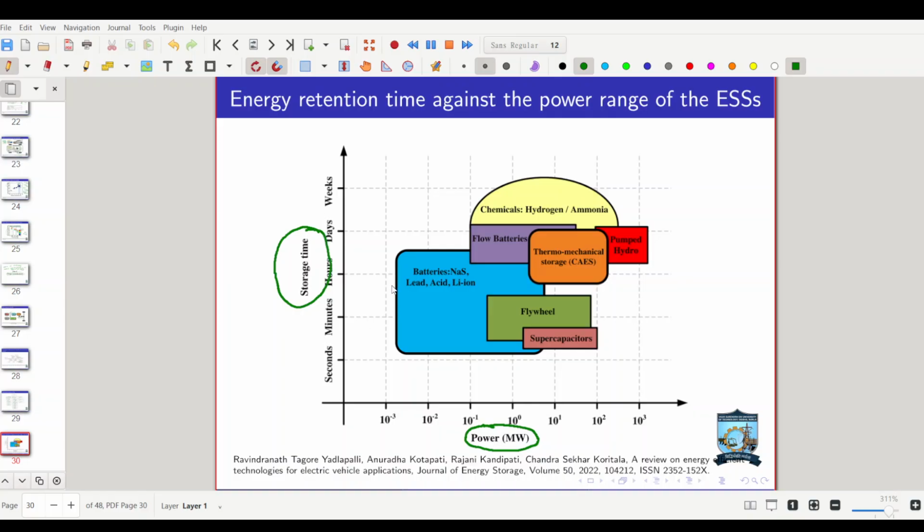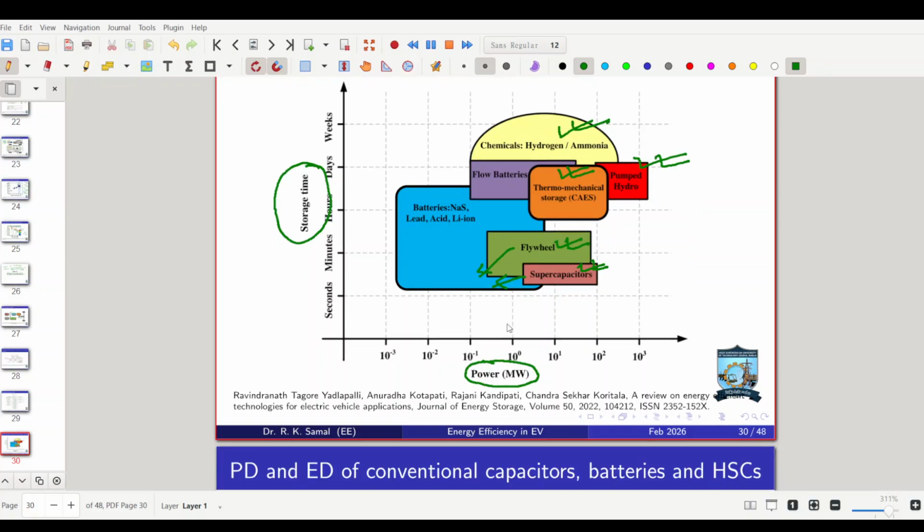As you see here, more power can be stored in pump hydro, which of course cannot be used in electric vehicles. So these are for large scale power, and chemical, thermomechanical storage, supercapacitor. So these somehow can be integrated into the electric vehicle batteries so as to improve the storage time.